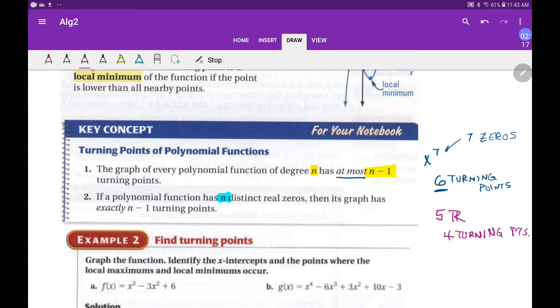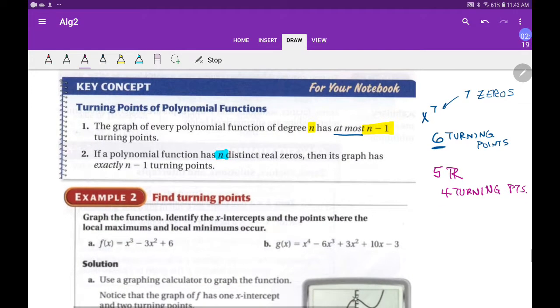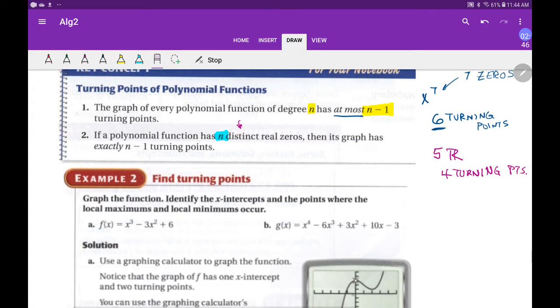As many distinct real zeros, okay, so I know that we count like 4, 4, 4. If it happens 4 times, we count it. But if this is all we have, that's really just 1, right? And then we'd have no turning points. So distinct, that's important. Don't miss that. We keep narrowing it down.